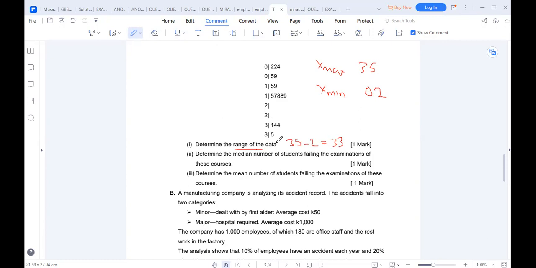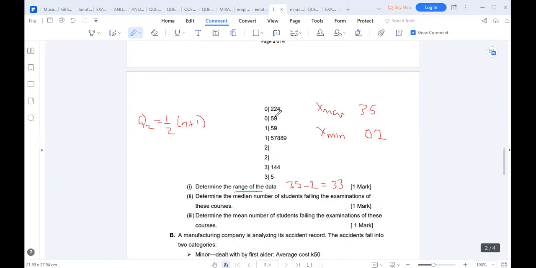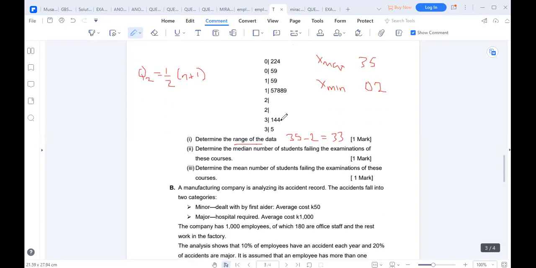All right, then the median is given by half of n plus 1. So we know that our n has been given by what? How many observations? 1, 2, 3, 4, 5, 6, 7, 8, 9, 10, 11, 12, 13, 14, 15, 16. There are 16.